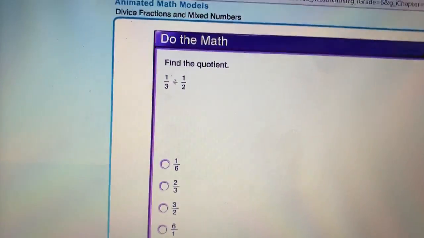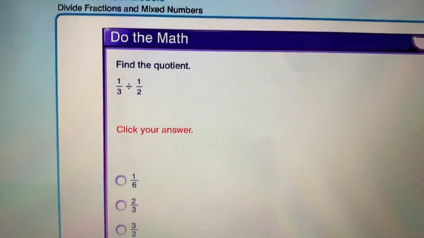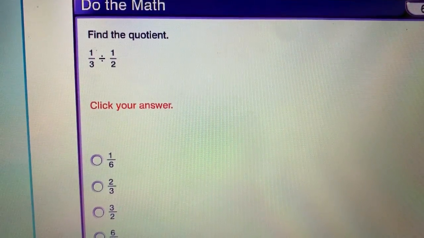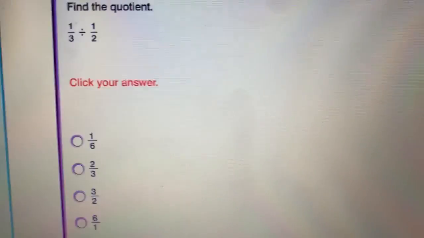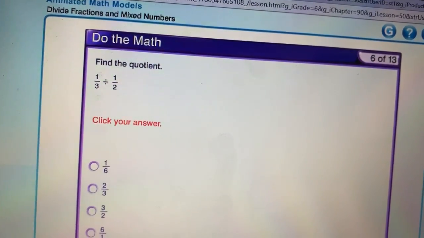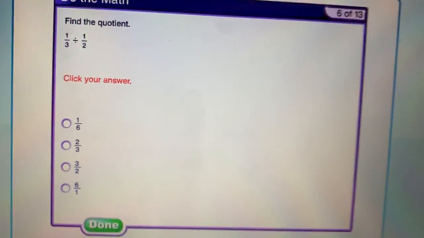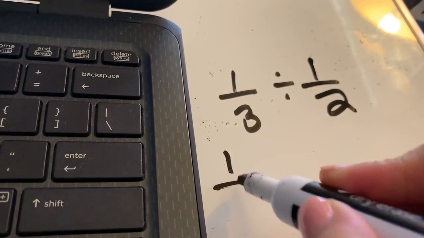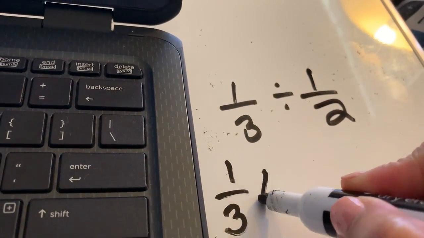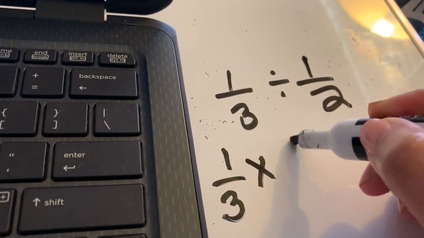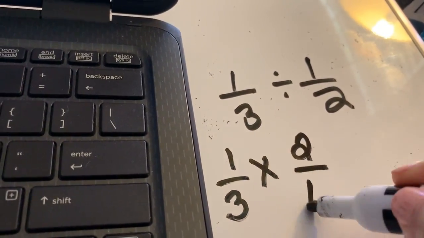Now we're going to divide the fraction. Now that we know how to find the reciprocal, we're going to divide the fraction. 1/3 divided by 1/2. Just like I showed you in the previous video, you're going to keep the first fraction, change the division into a multiplication, and flip the second fraction.